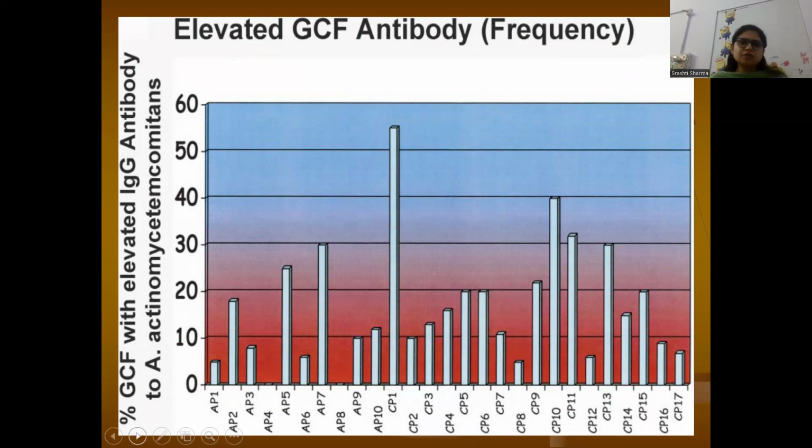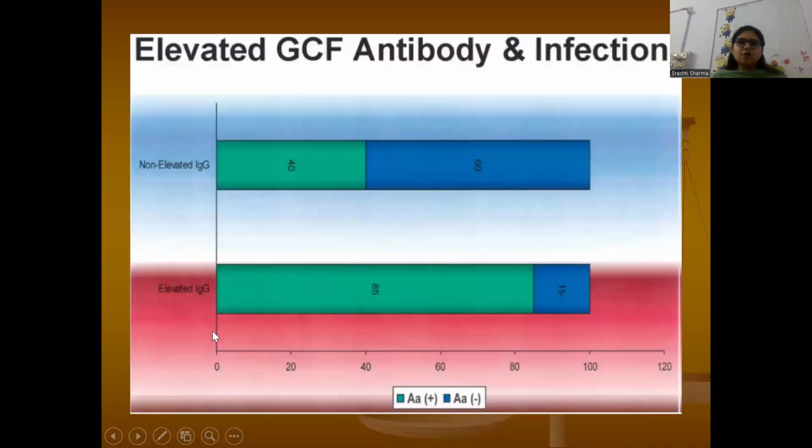So the percentage of GCF with elevated IgG antibody to AA, that is Actinobacillus actinomycetemcomitans. So elevated GCF antibody and infection, we can clearly see.